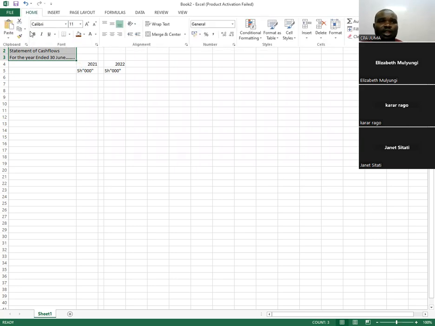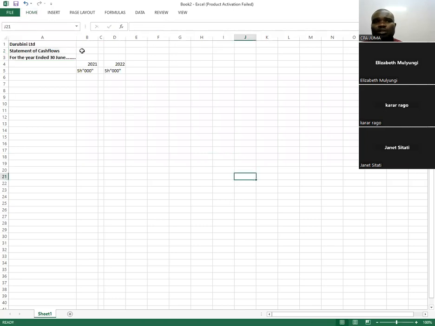Then at least the name of the company, the heading, you can have it bold. So now after that arrangement, they want for the 2 years. You now obey the format. Of course, the indirect, which when I sent you the format, I told you to use the indirect format.